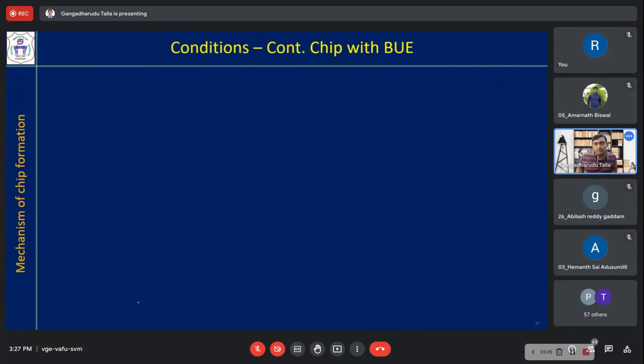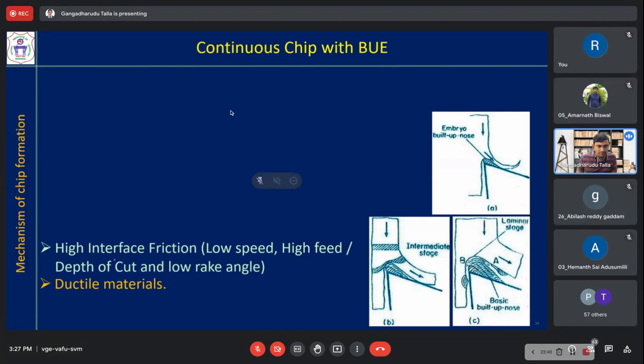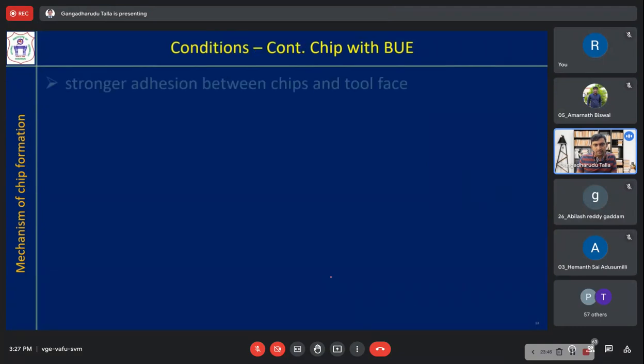Okay. Now we have understood how the built-up edge is formed. Now let us see the exact conditions under which the built-up edge will form. Of course, we have already seen them briefly here. A few more extra points we'll get here. First thing is stronger adhesion between chips and tool face.